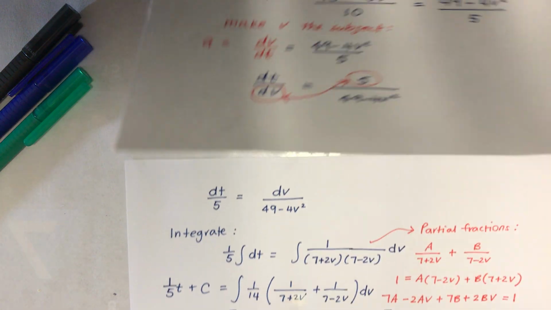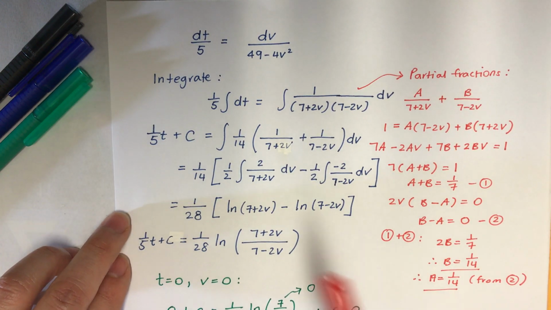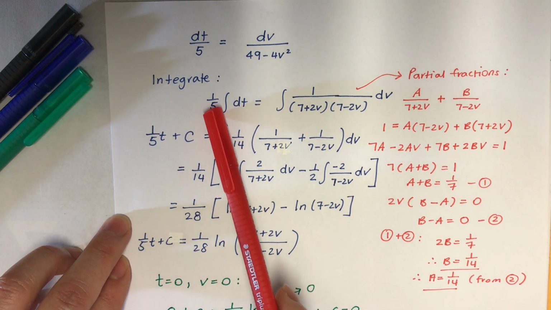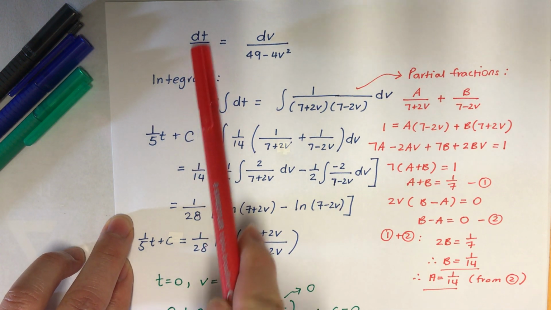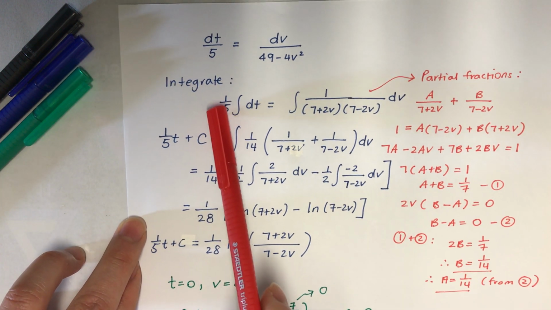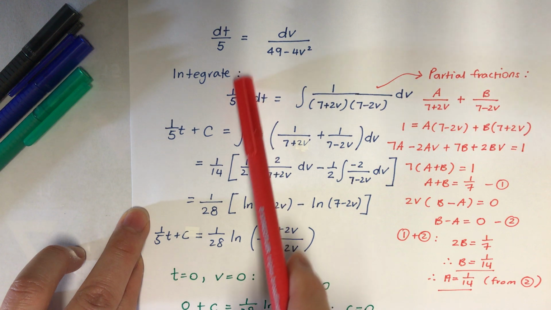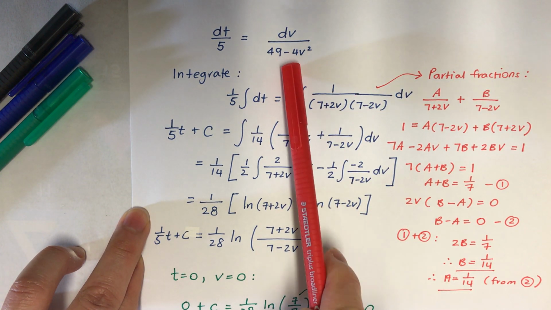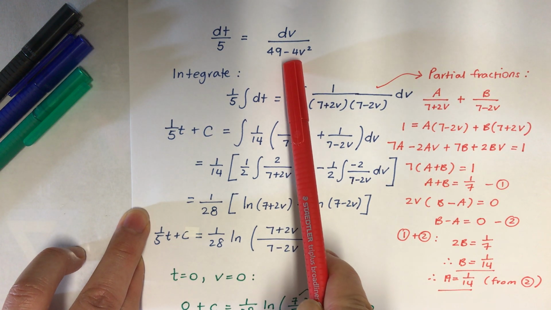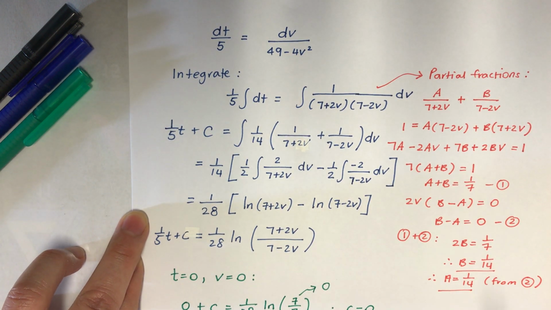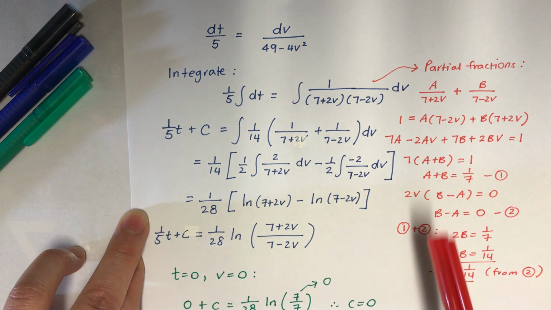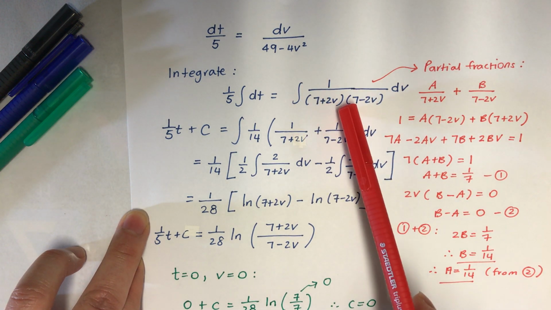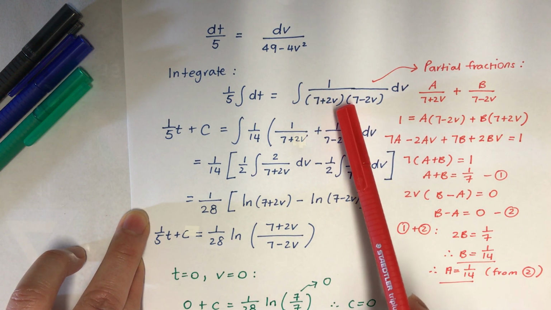And what happens now is integrate. So I'm taking 1 over 5 out and integrating dt. Now here we can't just integrate. If it was a plus, then we could do inverse tan and get some sort of thing we can work with. But obviously this one is partial fractions.